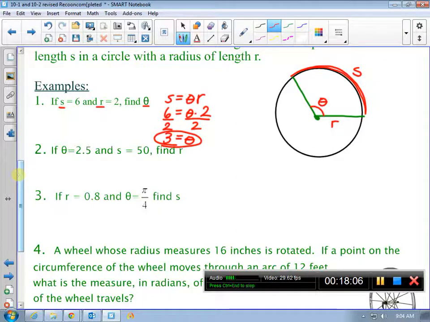If theta equals 2.5, S is 50, find R. So we have 50 equals 2.5 times R, divided by 2.5. And here we have the radius of the circle is 20.